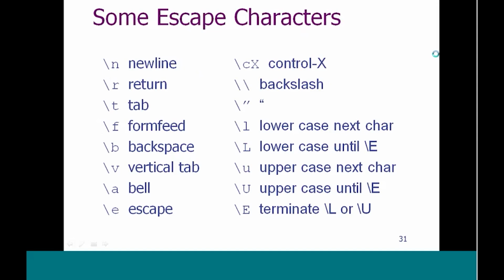CX is essentially control X, which is very common in Emacs kind of editors. Backslash T is tab. Then there is form feed. Some of these things we hardly use today, but I think this is a complete list of all the characters that we can use, and how we can escape them.